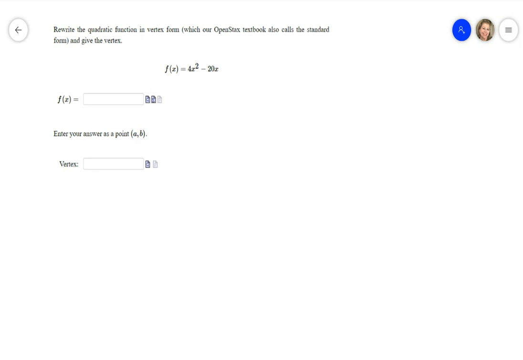I want you to rewrite this quadratic function in vertex form. Vertex form looks like this.